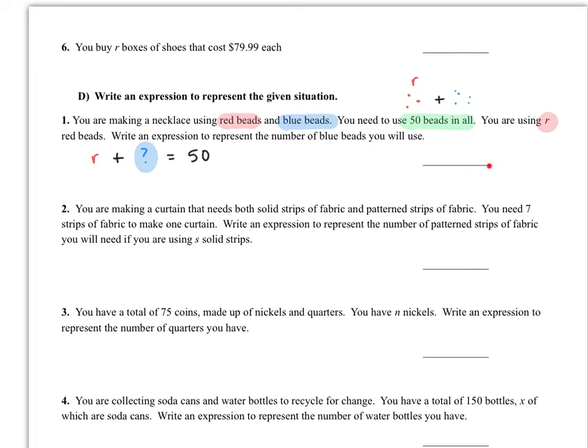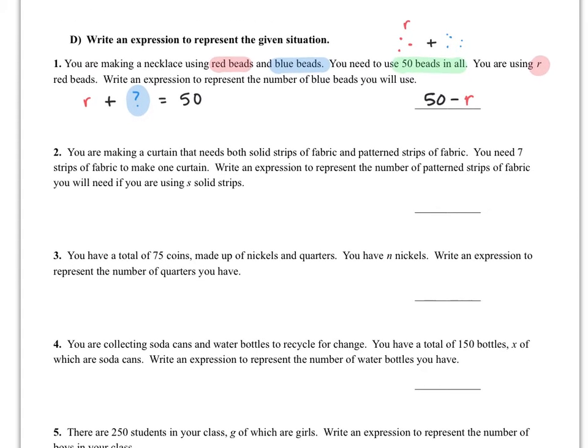So for right now on this line, we want to write an expression that has one variable. And so the way that I would find this missing number is I would take my total, which is 50, and I would subtract the number that I've already used for red, and this would be my leftover that would give me blue. Notice it also does not have an equal sign because it's not an equation, it's going to be an expression. Let's do one more of these.